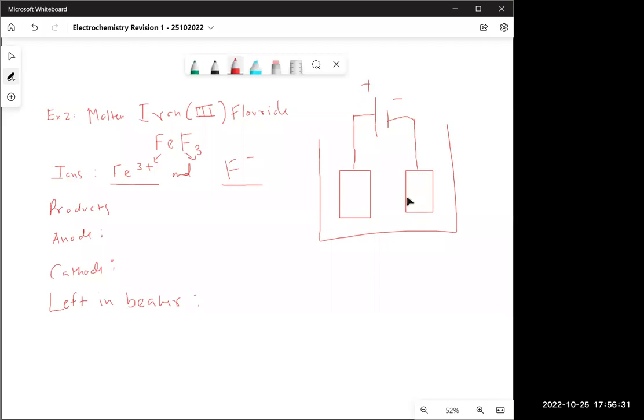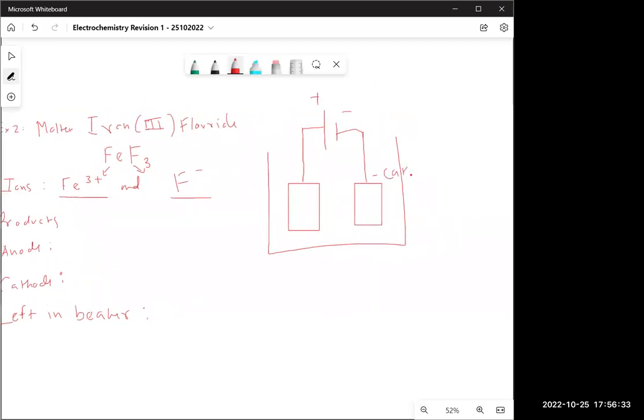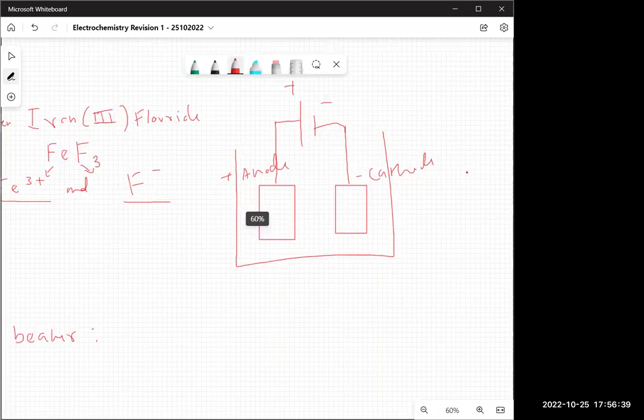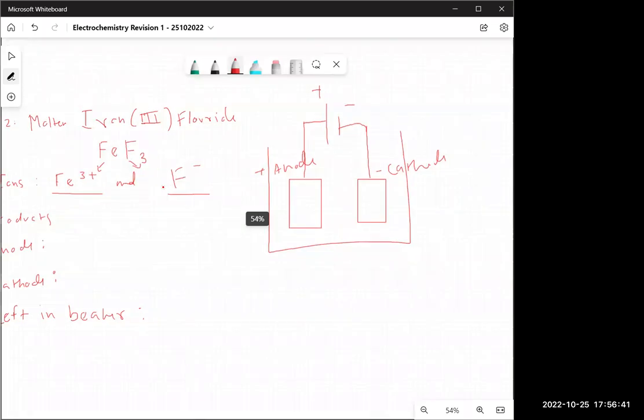Negative is cathode. I meant positive is F minus. F minus, that's fluorine. It's called fluoride ion, and iron ion. So we have Fe3 plus and I have F minus. That's my electrolyte.